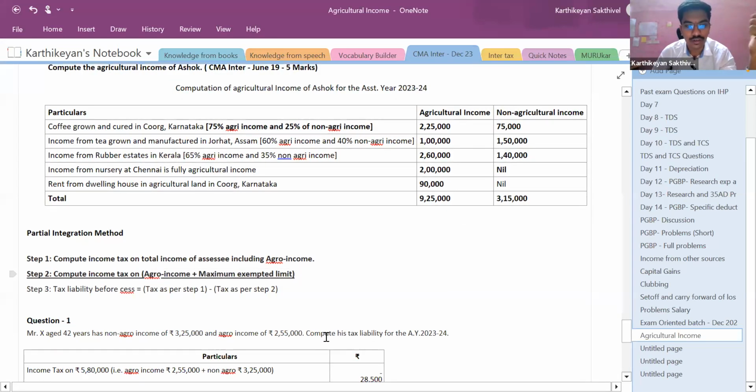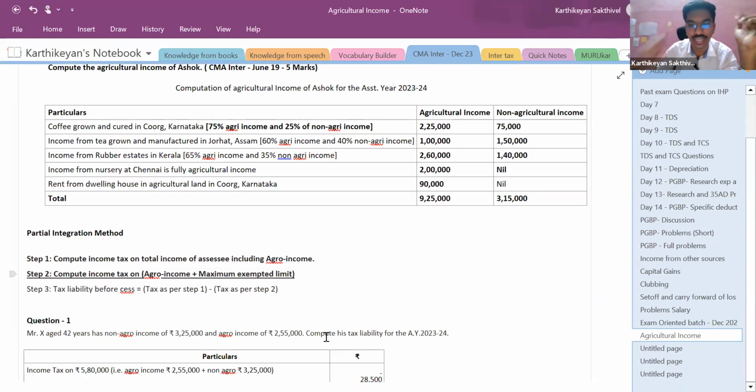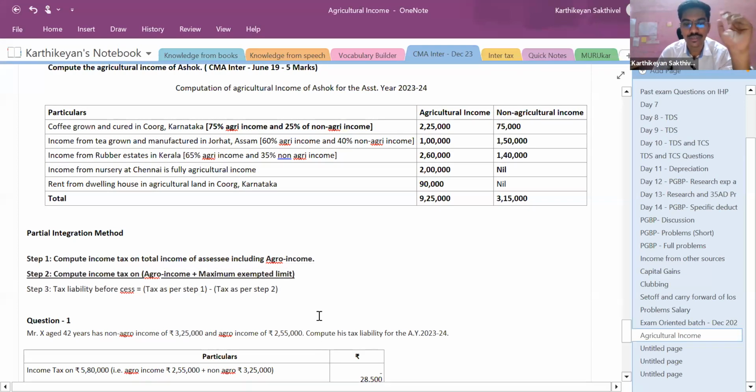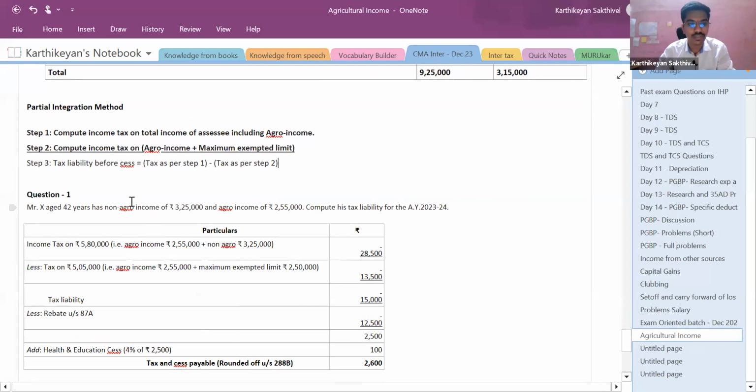So compute the tax separately on the agricultural income plus the maximum exempted limit. Step 1 minus step 2 gives your tax before cess. That is all. That is what is being tested. This is known as the partial integration method. We'll take some questions and solve them. It is very simple, nothing to panic.